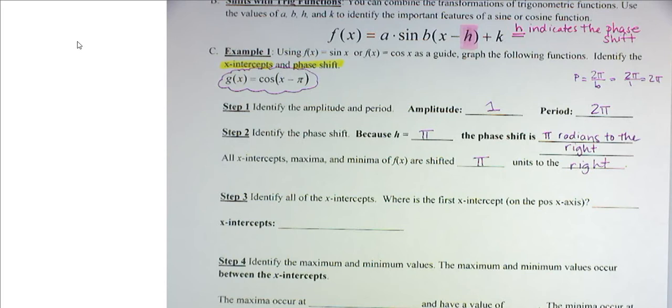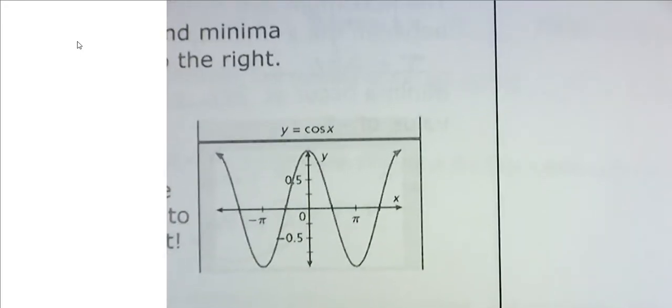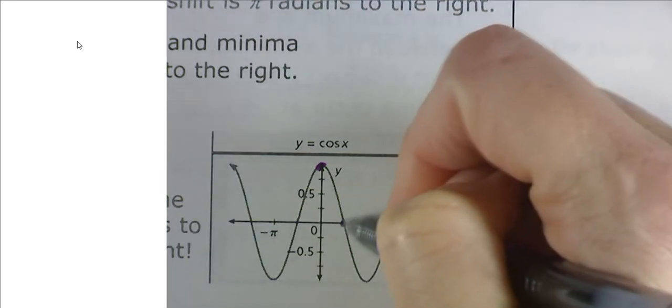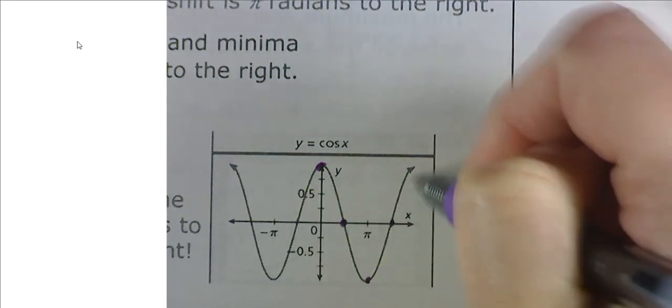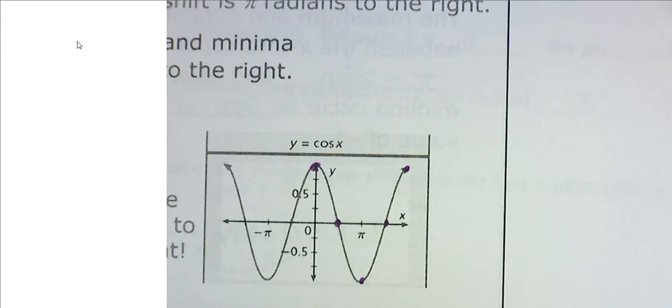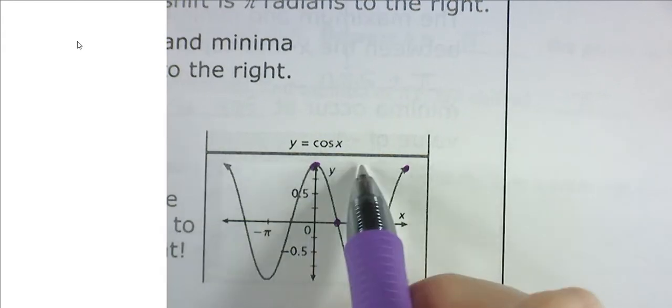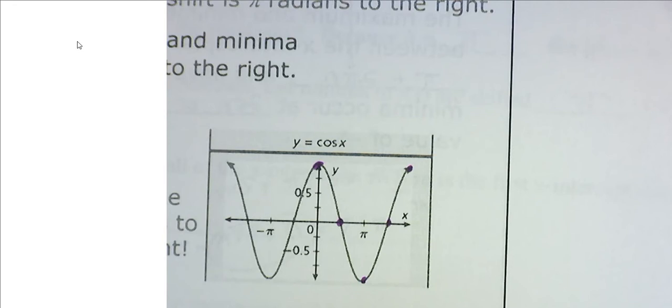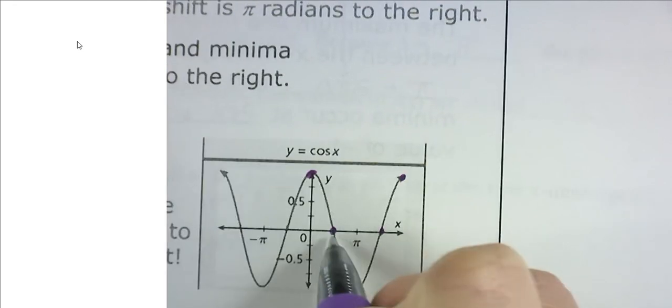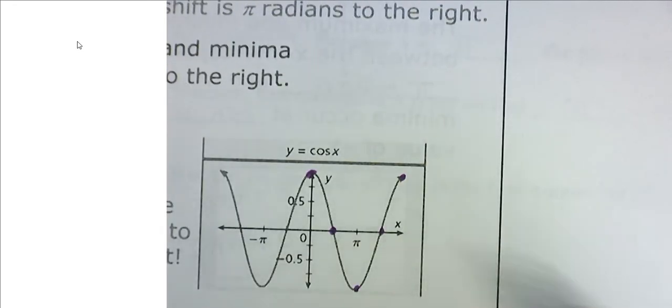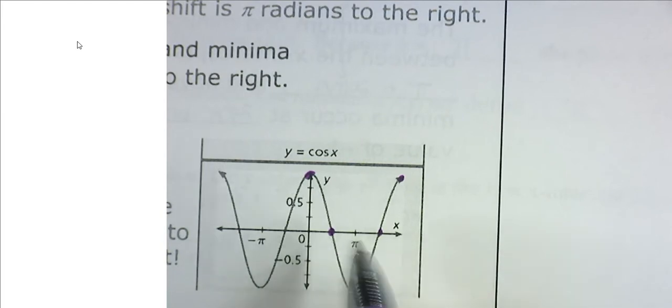So if you are looking at the graph of cosine, which I'm going to show you here, this is your graph of cosine. Remember, at 0 we're at 1, and then this is at pi over 2, at pi, 3 pi over 2, 2 pi. What's happening now is all of these are getting shifted over pi units. So if the first one occurs at pi over 2, what you could do is just add the pi to that to get your value.